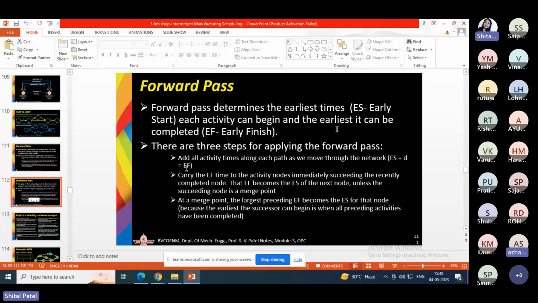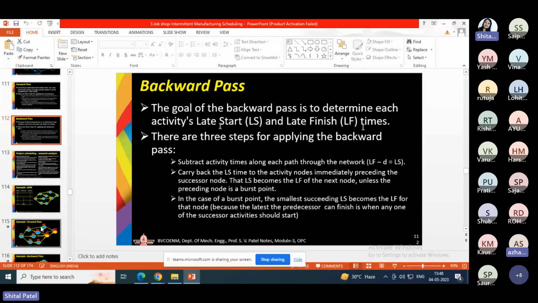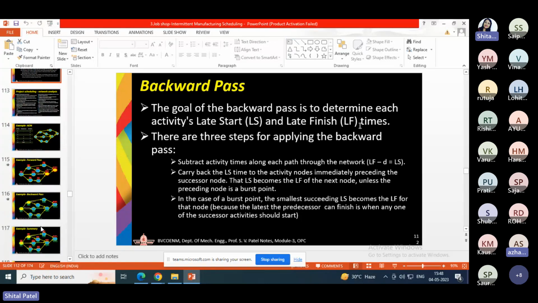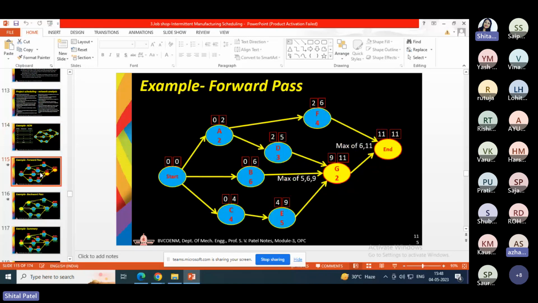In the backward pass, we move from right to left, and we consider the latest start and latest finish times. That I'll explain when we take a numerical example. So here, first of all, we have prepared the network diagram, right? Now we are considering the forward pass.